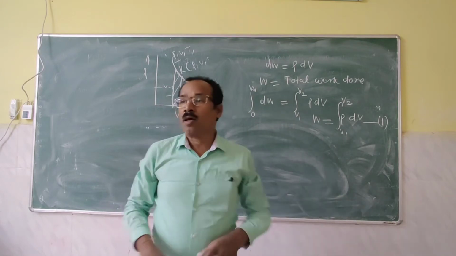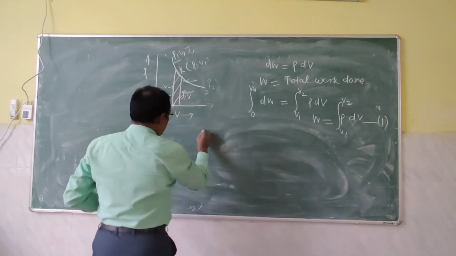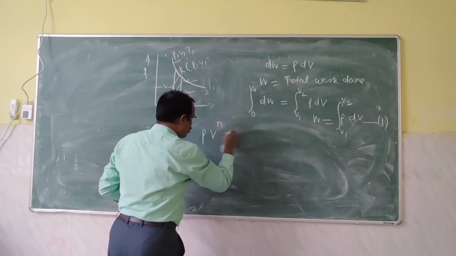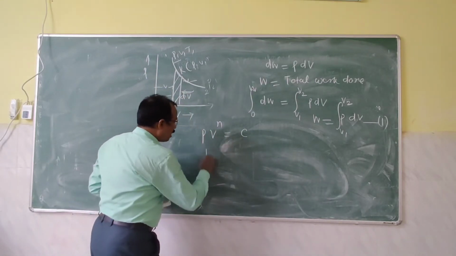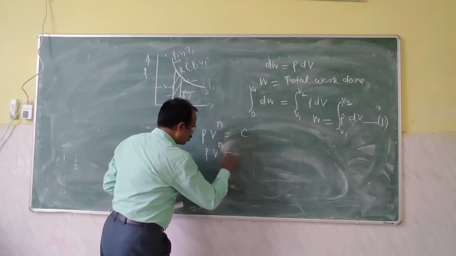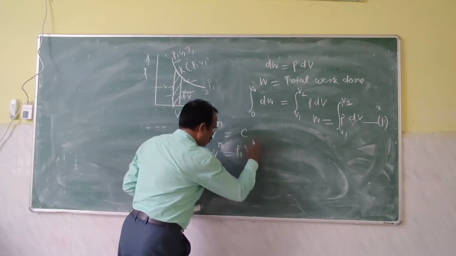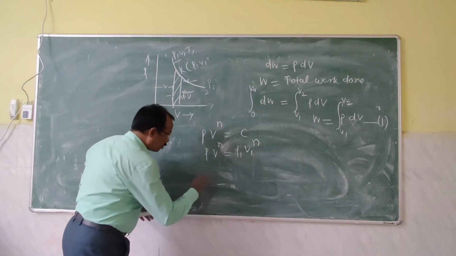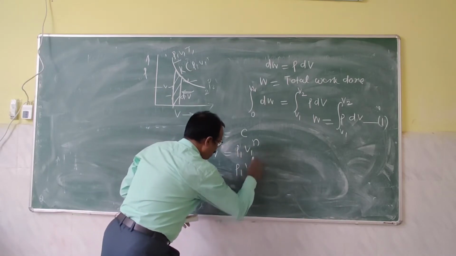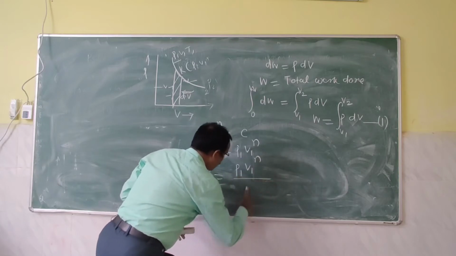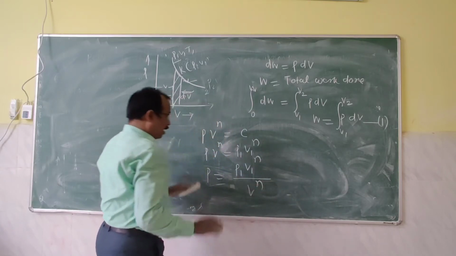Polytropic process follows the law PV to the power n is equal to constant. We can write as PV to the power n is equal to P1 V1 to the power n, or we can write as P is equal to P1 V1 to the power n divided by V to the power n.